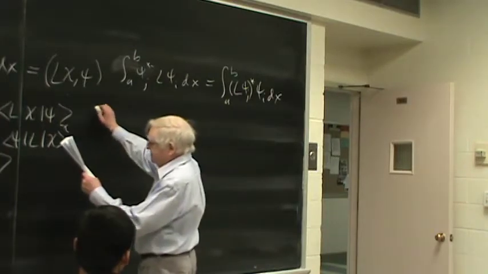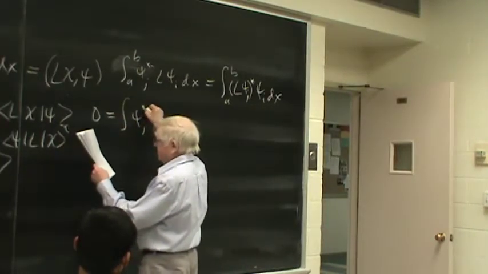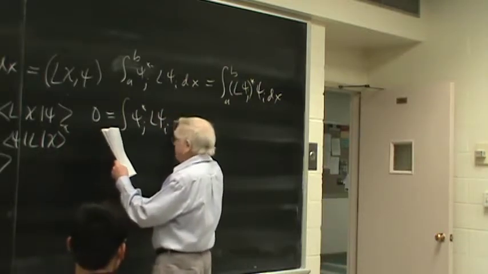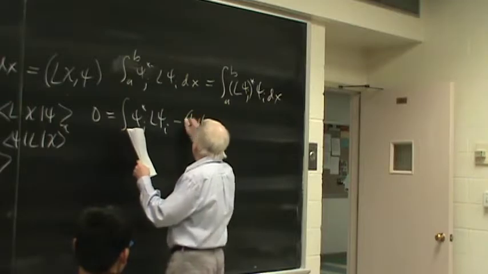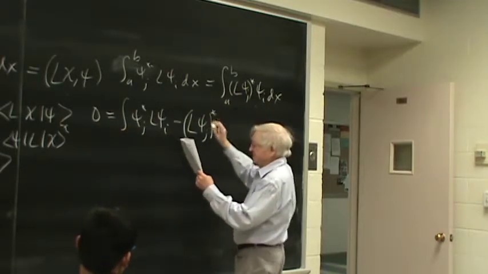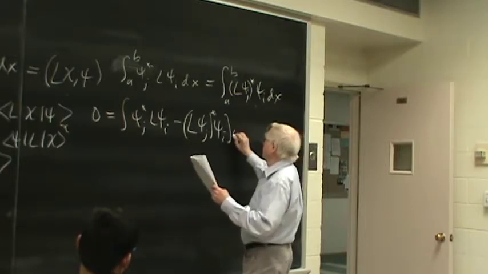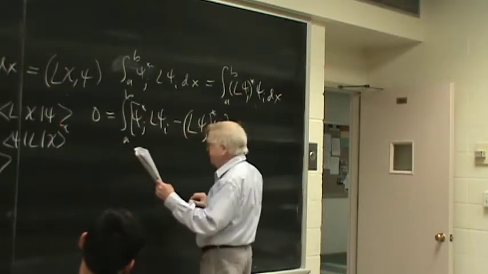That means then that 0 is the integral of psi j star L psi I minus L psi j star psi I, all of that dx, AB.